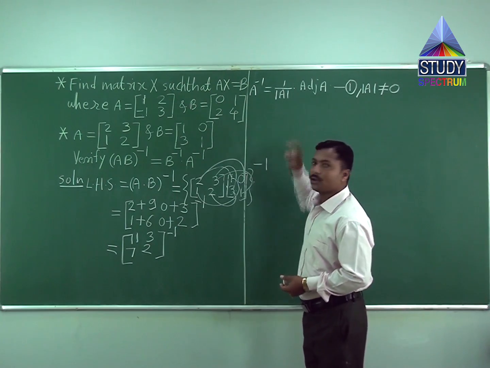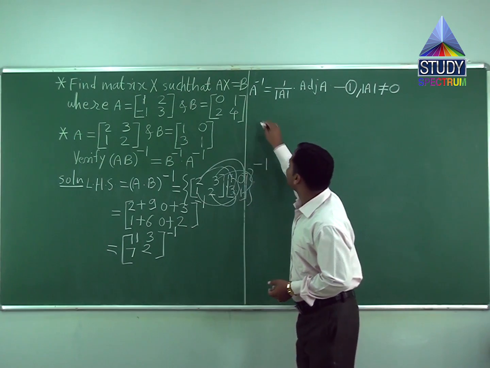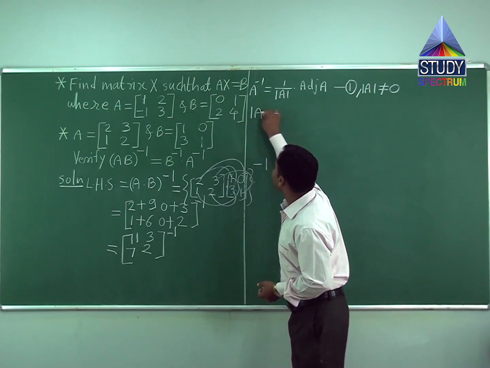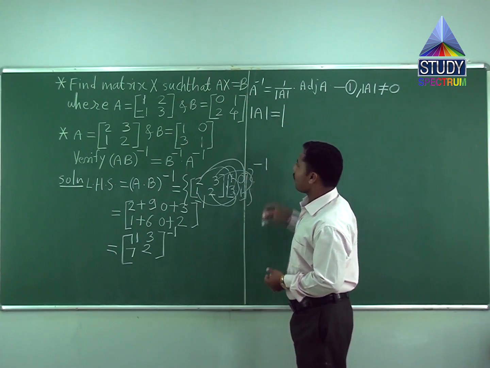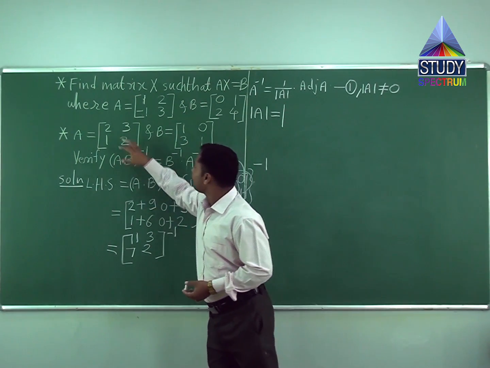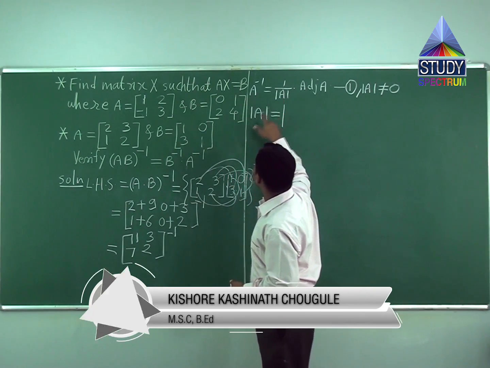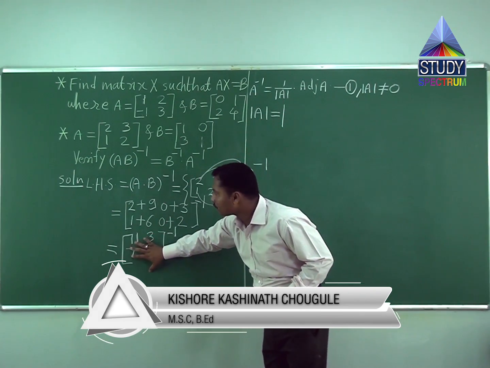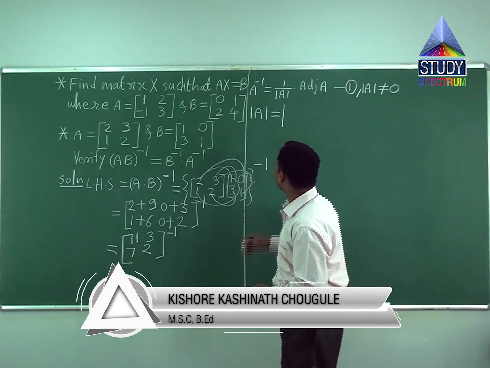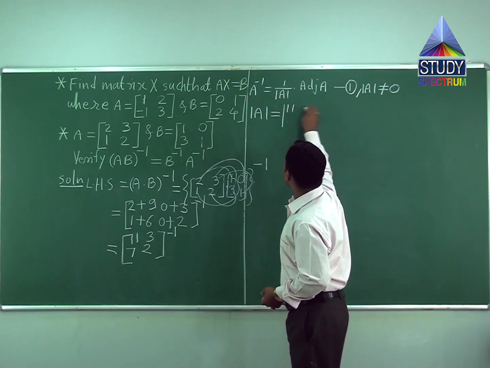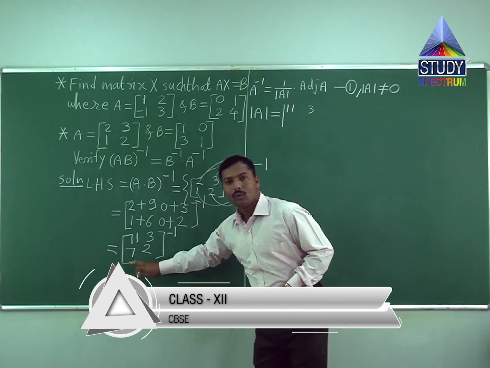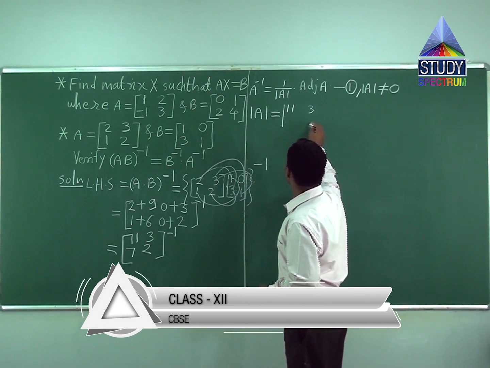So we check the determinant first. Determinant of A means the determinant of this matrix: first row 11, 3, second row 7, 2.